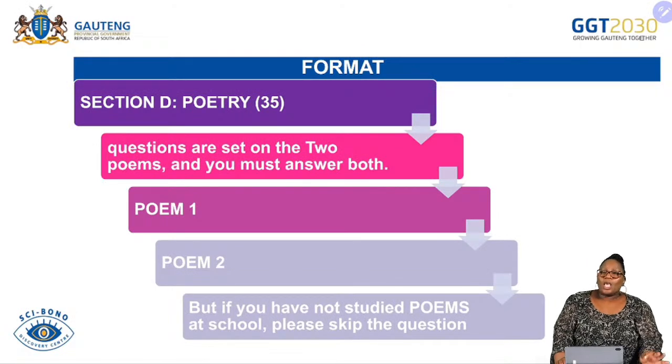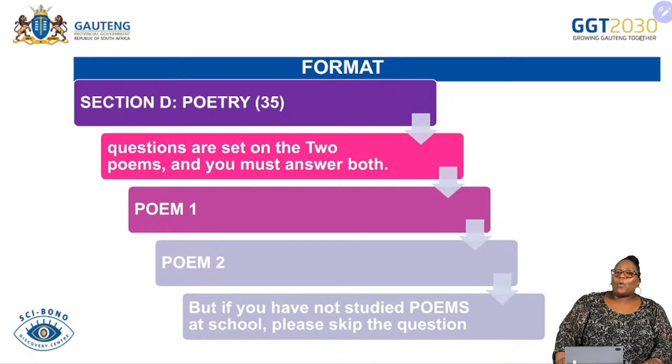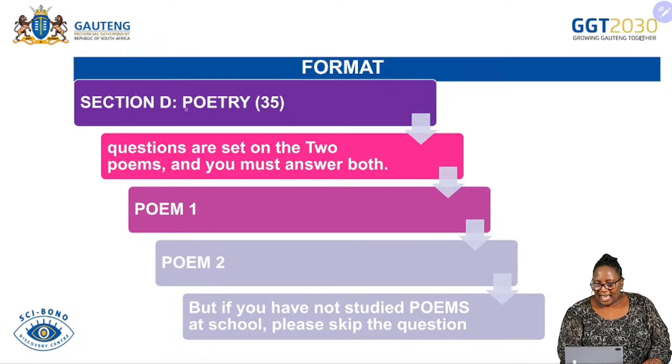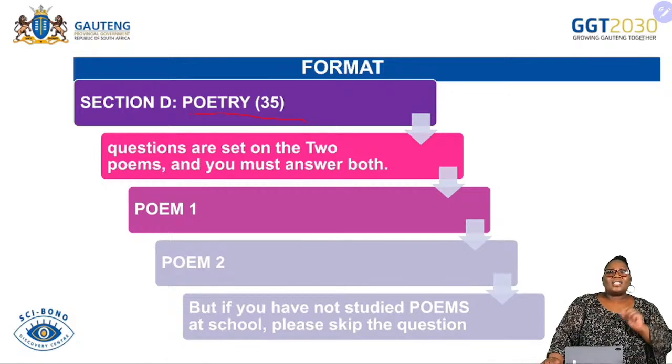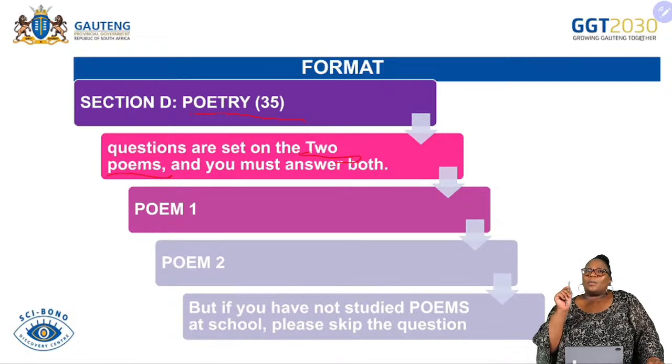Lastly, we have section D, poetry. Again, for 35 marks. Here, we don't have a choice. It's like the short stories. Questions are set on the two poems, and you must answer on both.